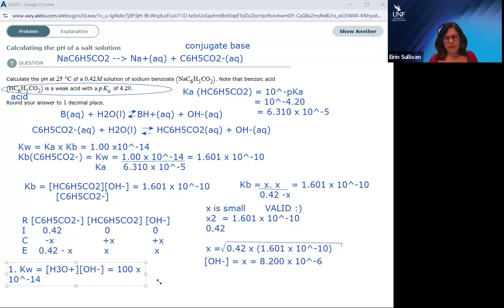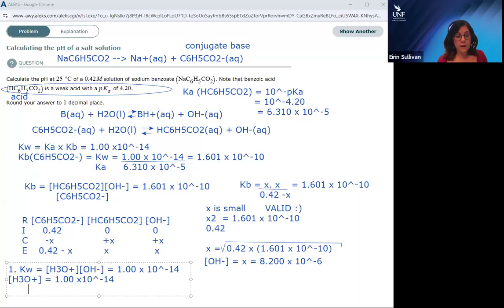I feel like I might have said that about 15 times already in this little video, but you know, it's kind of crucial to the video. Therefore, the concentration of hydronium in this case will be 1 times 10 to the power of minus 14 divided by concentration of hydroxide we got was 8.2 times 10 to the power of minus 6. That comes out to be 1.22 times 10 to the power of minus 9.